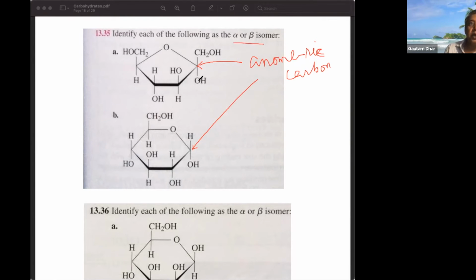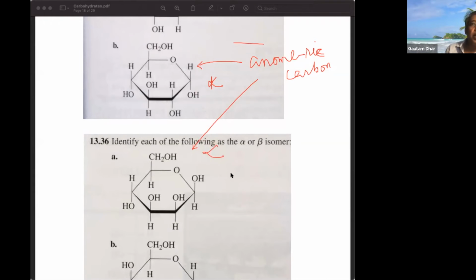OH pointing down is the alpha, and up is the beta. So this is the alpha isomer, and this here is the alpha isomer.